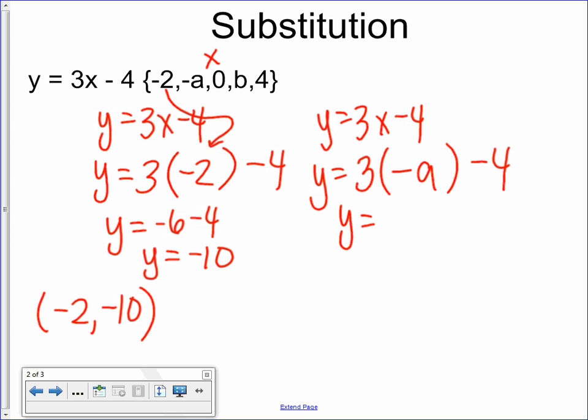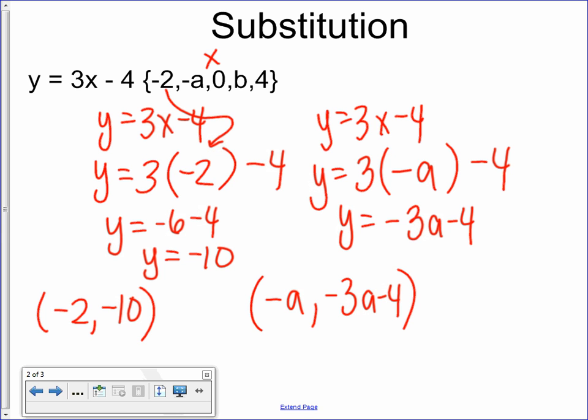So when I finish evaluating this, I get 3 times -a is -3a minus 4. That cannot be combined anymore. So I've got another ordered pair. The x value was -a, and the y value was -3a minus 4. It looks a little funky, but that's okay.